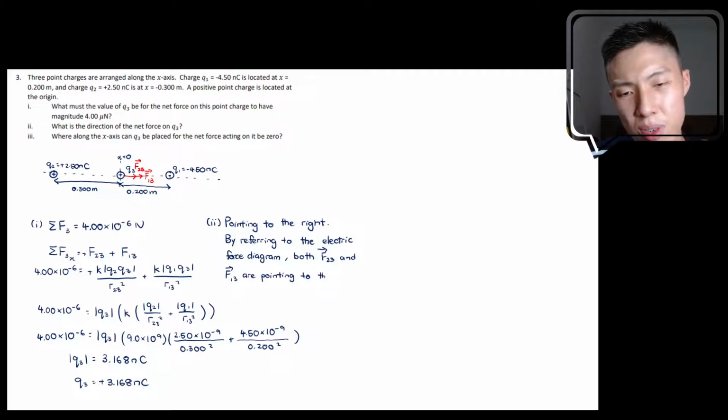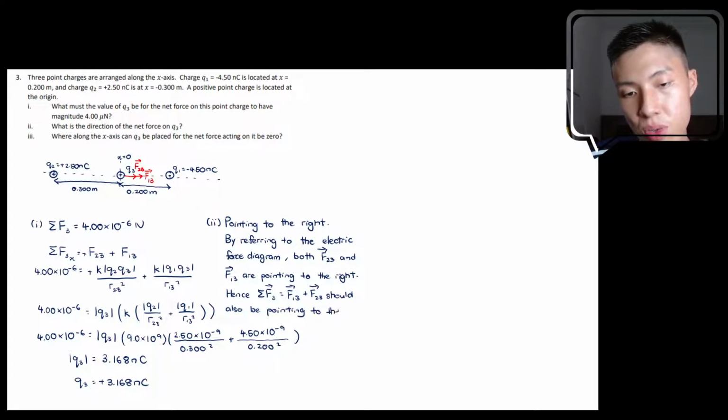Actually, you don't need to explain all these things. I think it's quite straightforward. Everybody can see it's pointing to the right. Hence, the net force acting on 3, which is equal to F13 plus F23, should also be pointing to the right. Nothing too complex. It's just looking at the diagram and trying to explain the situation.